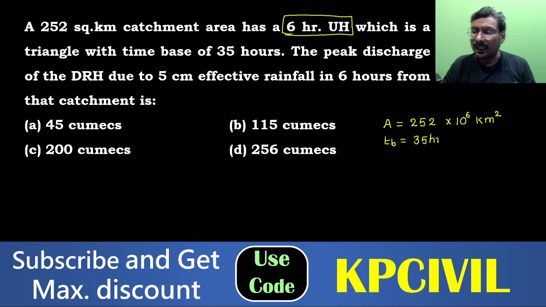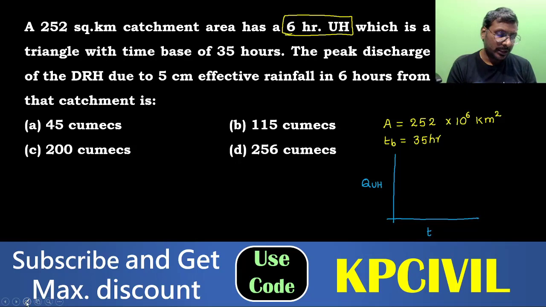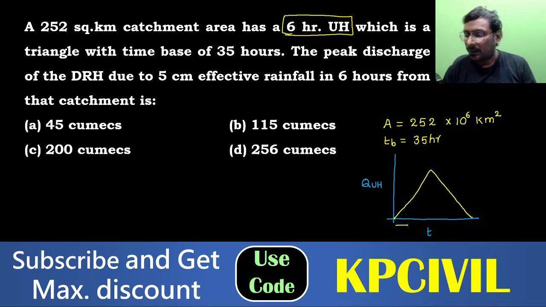So this is the unit hydrograph we are plotting here: 6-hour UH, QUH versus time. What is the shape mentioned? Triangular. And the time base is 35 hours.